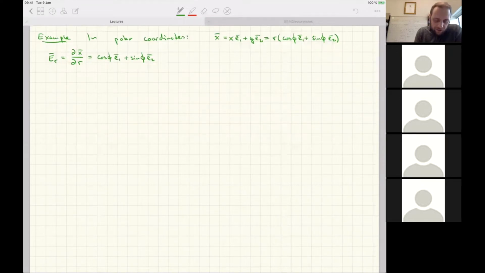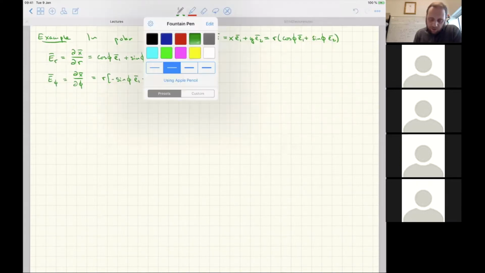And if I do the same for the phi coordinate, what I will find is that this is r times minus sine phi e1 plus cosine phi e2.